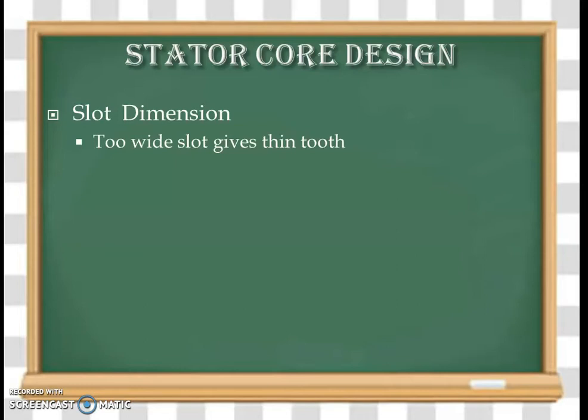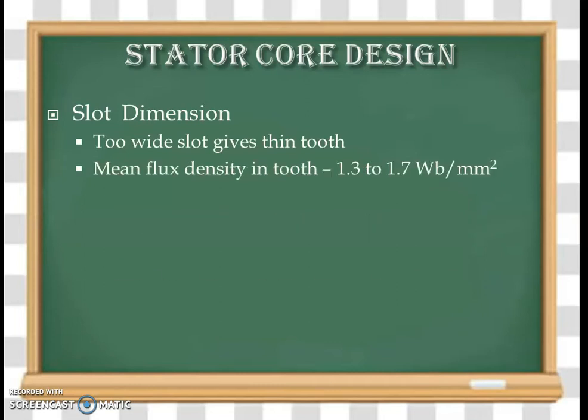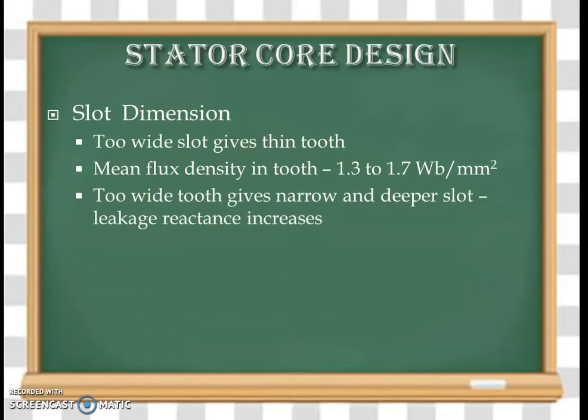Else, we have higher magnetizing current, higher iron losses, and poor power factor. So we should not consider too wide a slot that results in a thin tooth. Normally, we have to consider cross-section area of the tooth in such a way that the mean flux density in the tooth varies 1.3 to 1.7 Weber per meter square. Mostly we take 1.7 Weber per meter square as the maximum flux density.